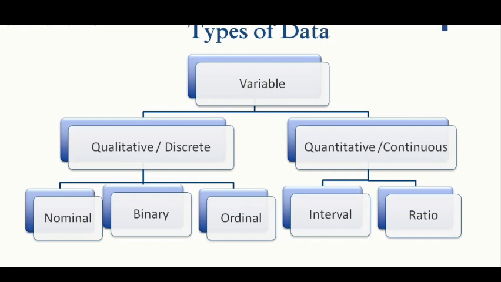The qualitative variables are also called discrete variables, and the quantitative variables are also known as continuous variables. Discrete variables, or the attributes which we call, are the classifications into different categories. For example, the severity of some symptom is mild, then medium or high.